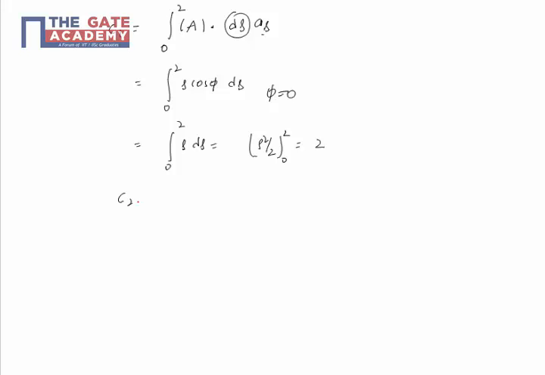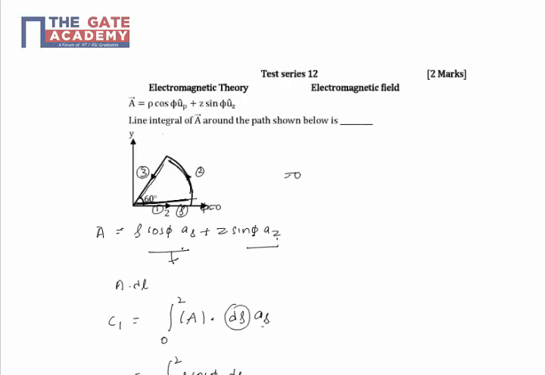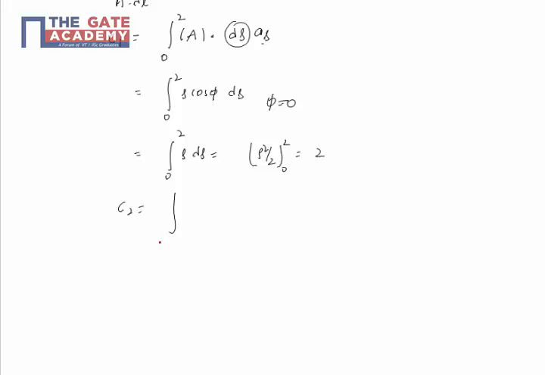Now we are taking the second part. C2 is equal to, here the change is in the phi direction, where the angle covered is from 0 to 60 degrees. 60 degrees can be represented by pi by 3. So A dot rho d phi a_phi, where a_phi is the unit vector along the azimuthal angle.